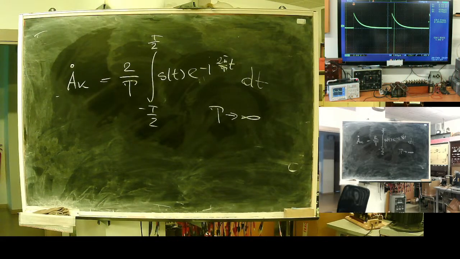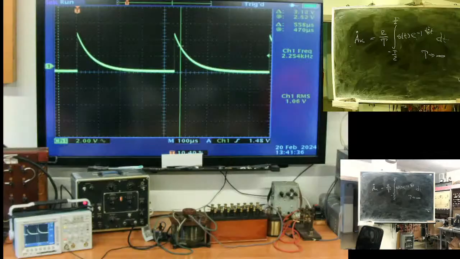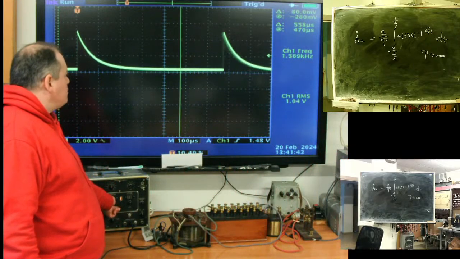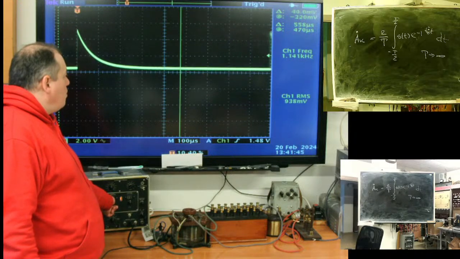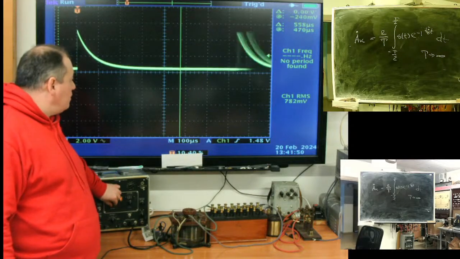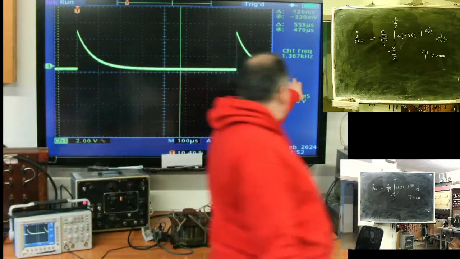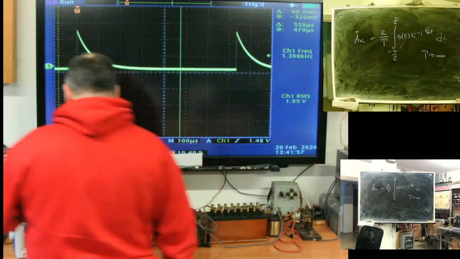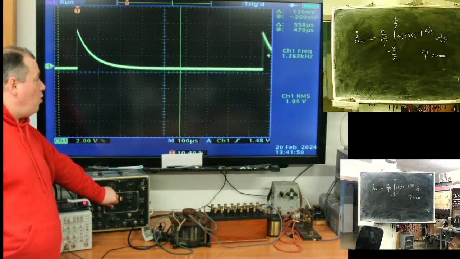Frequency 2.2 kilohertz. What will happen if I extend the period? And I can enlarge my period. Wait 1 second. The signal has a frequency of 1.3 kilohertz.